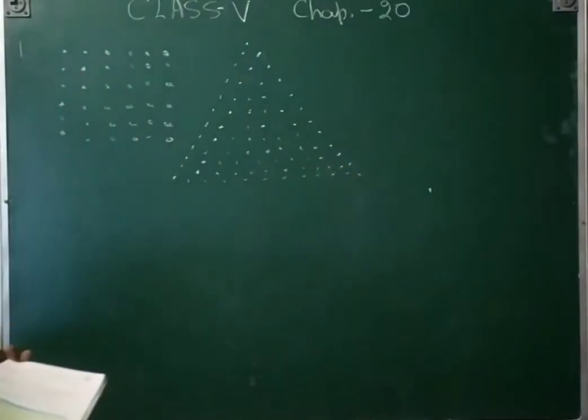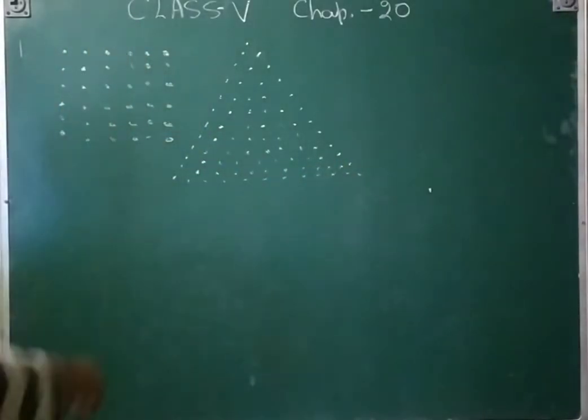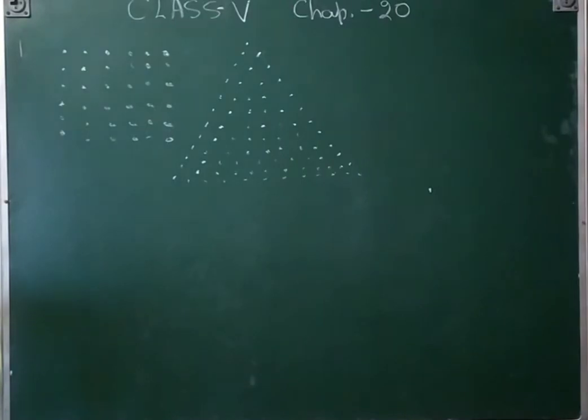That is a net of the triangle. And when you count the whole dots, that will be 36.